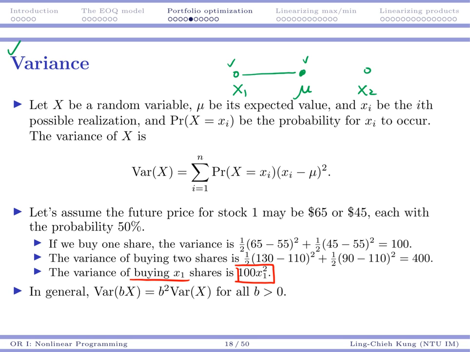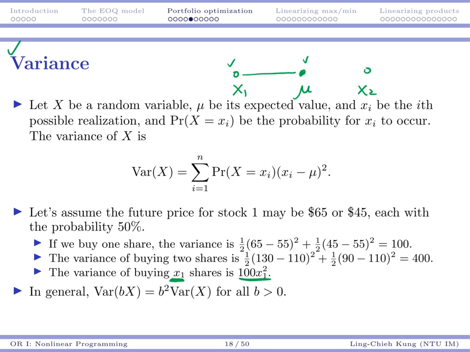In general, if I multiply my random variable by a small b, that b can be taken outside the variance, but it needs to be squared. That is true for any constant b. In short, if you buy more, you get higher risk because the outcome becomes even more uncertain.